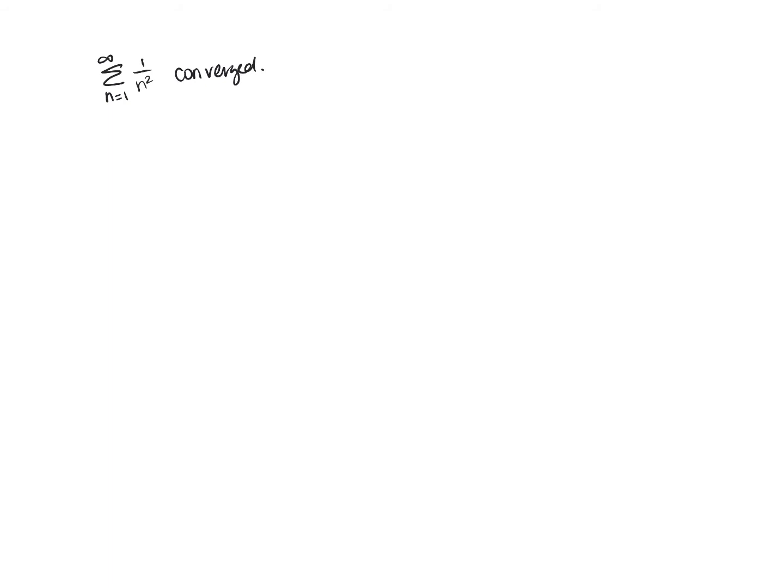And so if I looked, say, at this series, I can take that series and I can compare it to, so I can look at the highest powers of n here are going to be the dominant terms in the numerator and denominator.